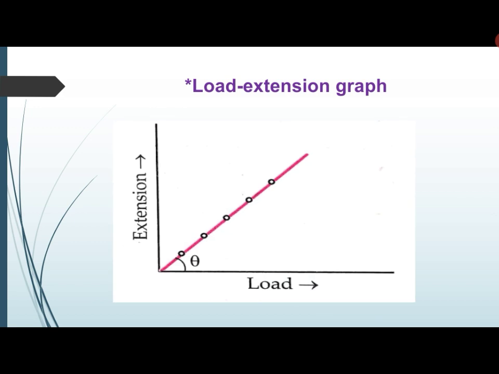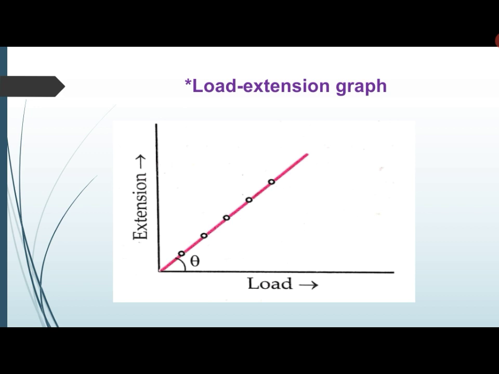As we load this experimental wire, we note the observations and plot them on a graph. We observe that when the load is increased, the extension produced is proportional to the load applied. From this we obtain theta and substitute it in the previous formula of Young's modulus, that is, Y is equal to L upon pi r square tan theta, and we obtain the value of Young's modulus for this wire.